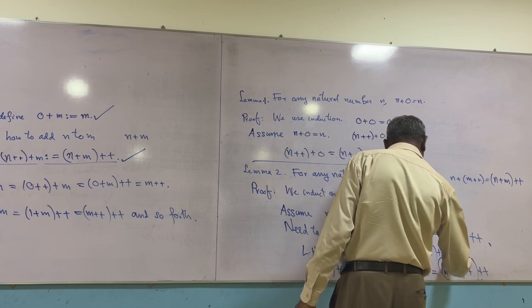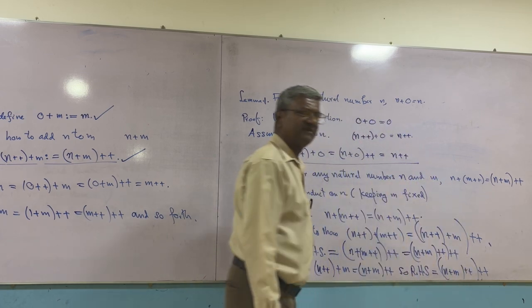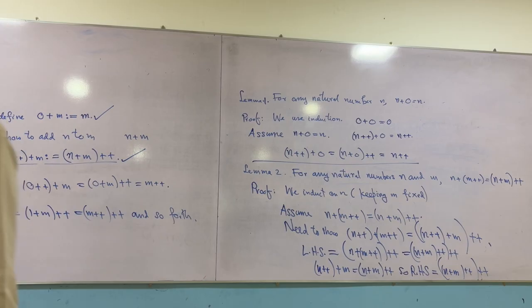Then plus plus. So both left and right, you will get n plus m plus plus plus plus. Somebody may think these people are loose, no? Okay, so anyway, we proved that lemma 2, I guess. So it has a logic.